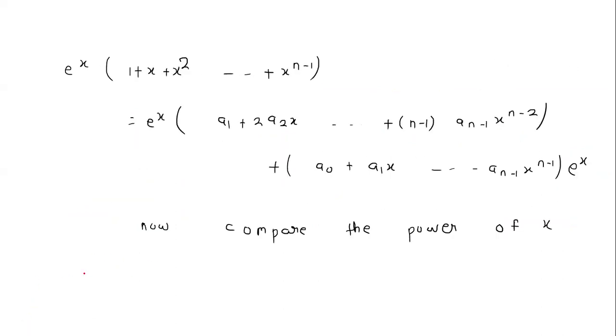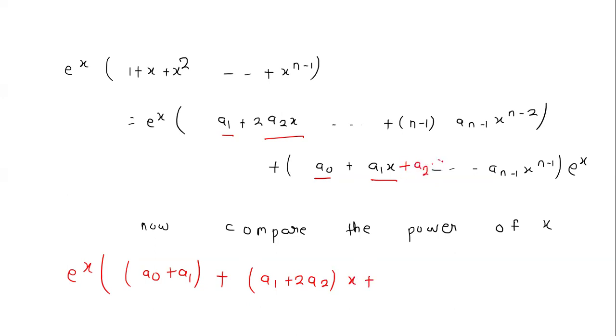So now you can take e power x as common, and you can write in this way. You can combine a0 and a1, then you can combine a1x plus 2 times a2x. The next thing you will get is a2 x square here, and here you will get 3 times a3 x square.